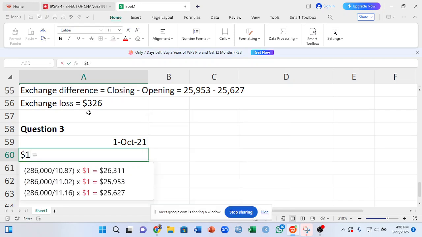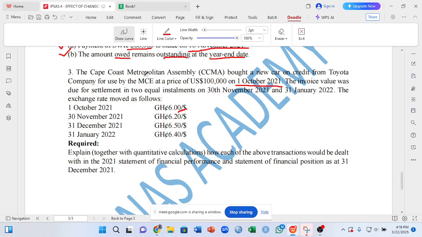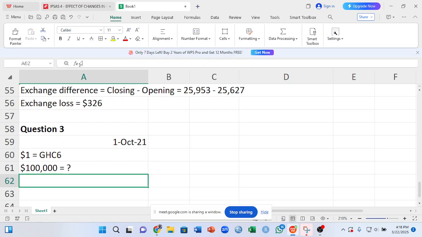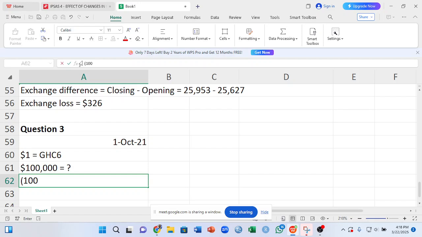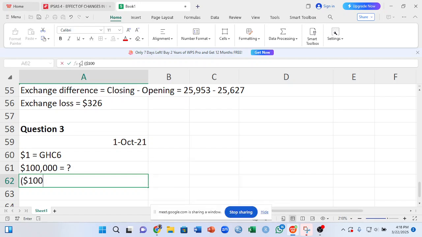is equivalent to 6 Ghana cedis. So the foreign currency we're given was 100,000 US dollars. It will be equivalent to how much Ghana cedi? So we multiply by our Ghana cedi rate.